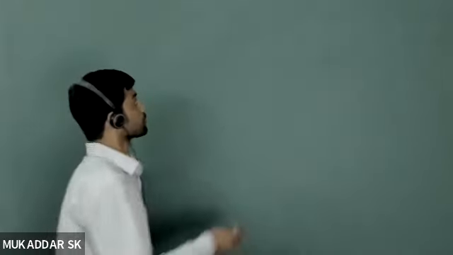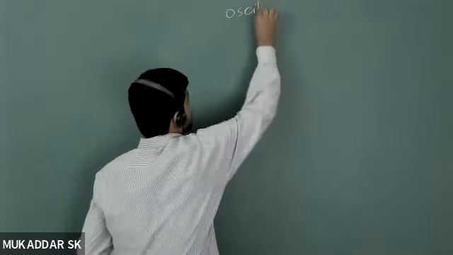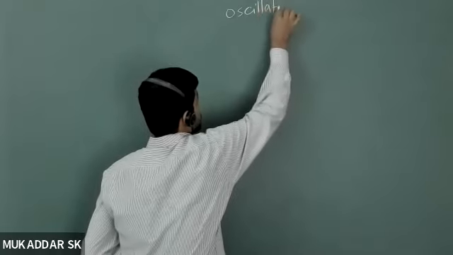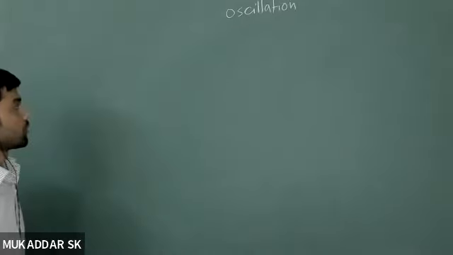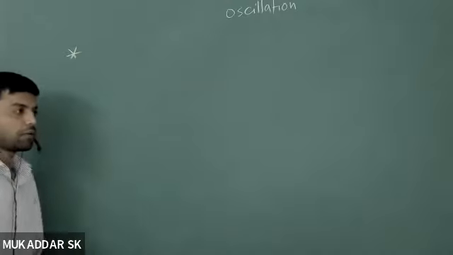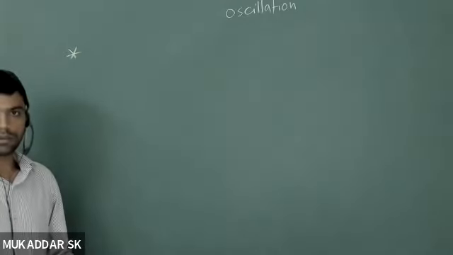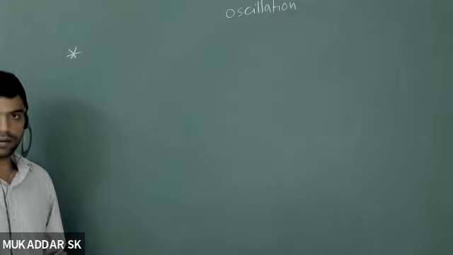Okay, so we started discussion about that superposition of SHM, right? So when two SHMs, simple harmonic motion, have different frequency but the same amplitude, when they superimpose, the resultant motion will no longer be simple harmonic motion, but there will be a kind of periodic motion.